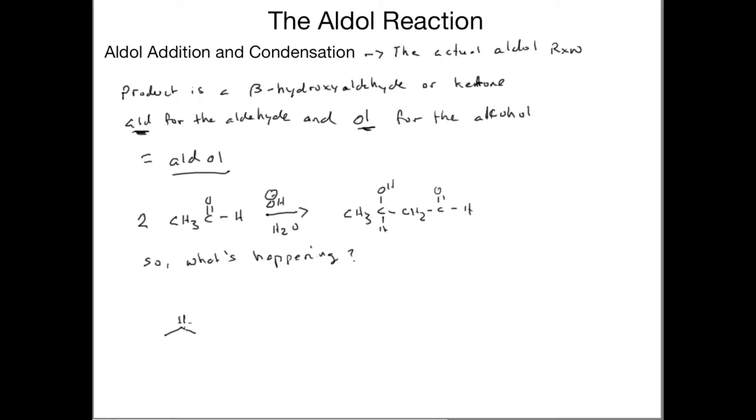Well, what's happening first is we're going to need to generate our enolate. So here's our base. We're going to use sodium hydroxide. And of course, we're going to form this enolate by deprotonation of one of these alpha hydrogens, giving us the enolate.